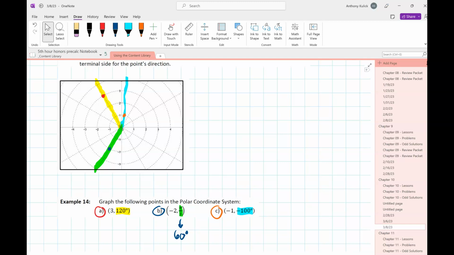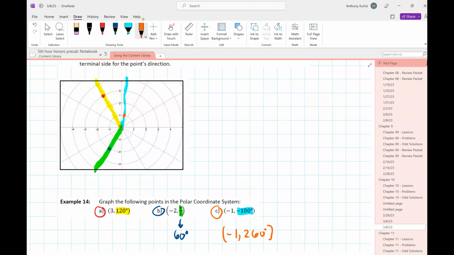Okay. Important observation. What if we had also asked to plot the point, say negative 1 and then 260? What's that going to give me? The same thing as the orange one, right?